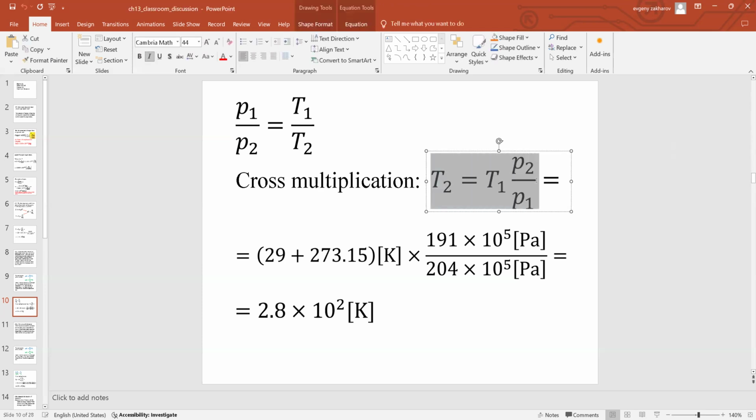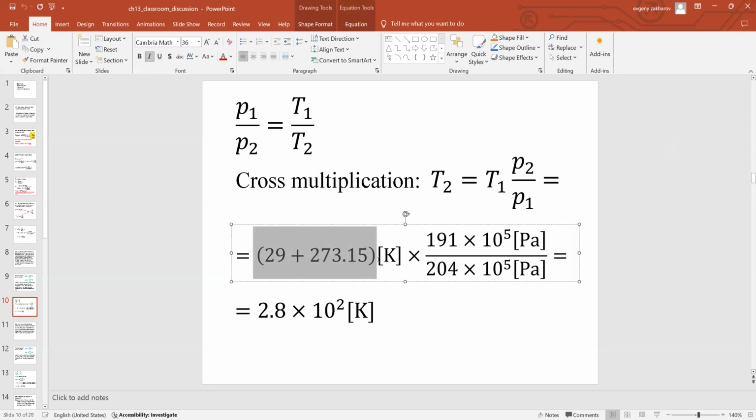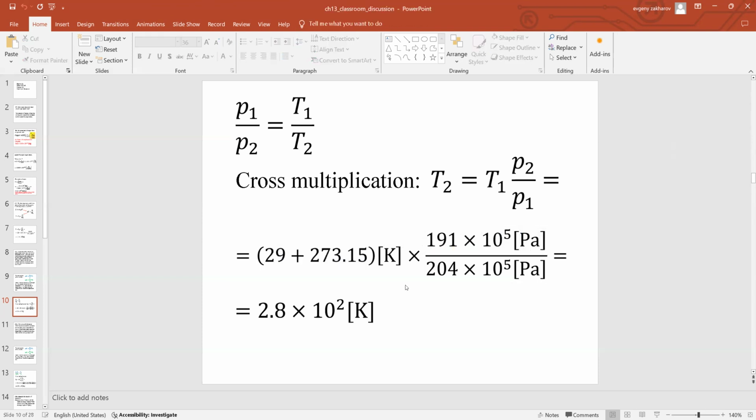So here we go, cross multiplication. Be careful, you have to convert to Kelvin. It's not 29, it's 29 plus 273 degrees for the Kelvin scale. So the ratio for pressures, 10 to the fifth cancels out, and it's just 191 divided by 204.